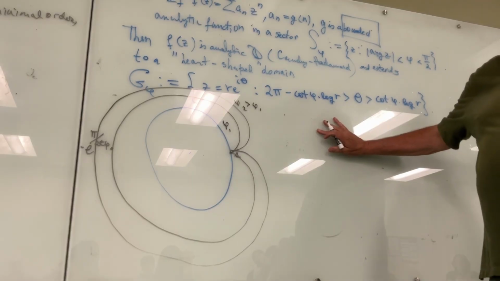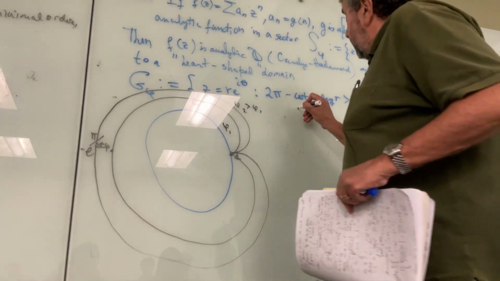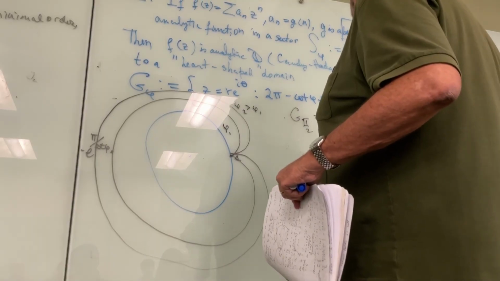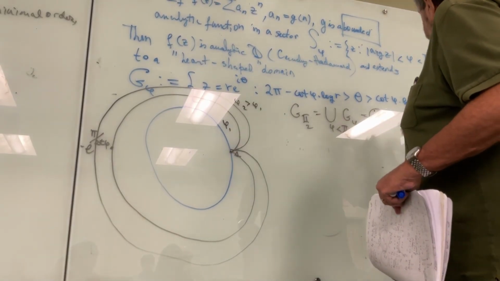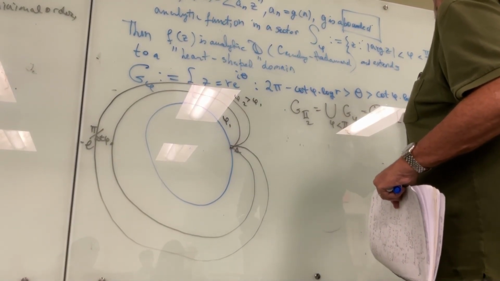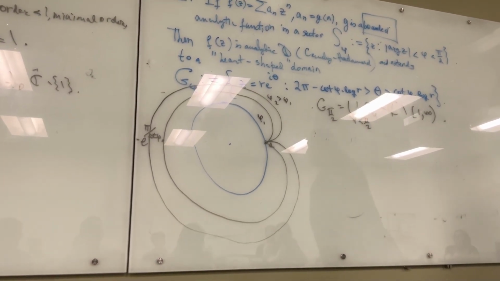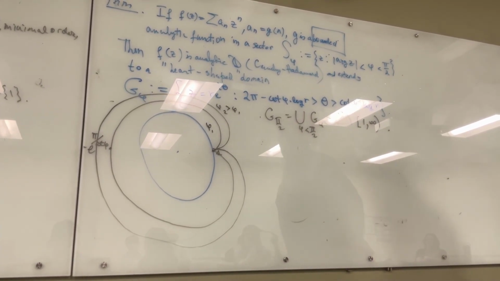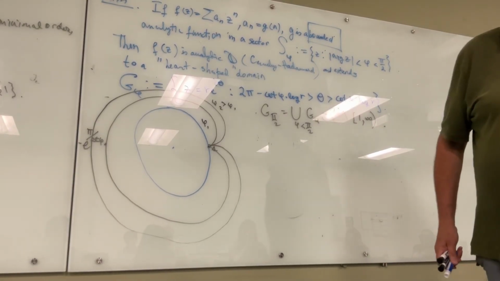Well, that's a little bit too much because it's going this way and then that way. G of pi over 2, which is the union. It becomes self-intersecting? Not that I know of, but that's as much as I know about it. I don't think so.